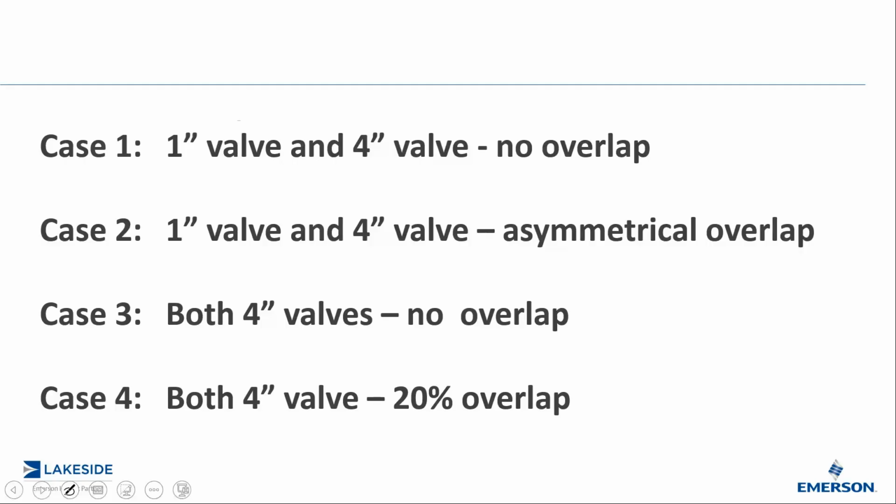Case number 3, 2 4-inch valves in parallel, no overlap. That means 0 to 50, the first valve opens 0 to 100, and 50 to 100, the second valve opens 0 to 100. And then the last case is going to be a 20% overlap, or plus or minus 10%.